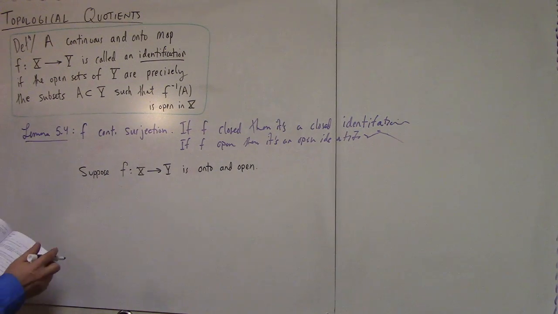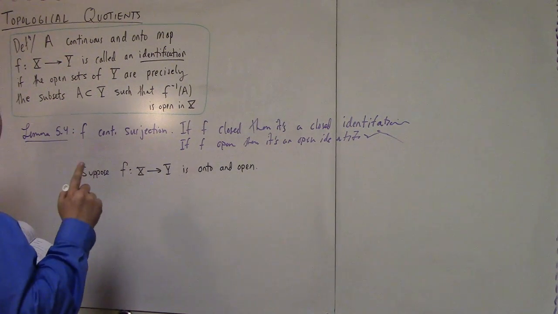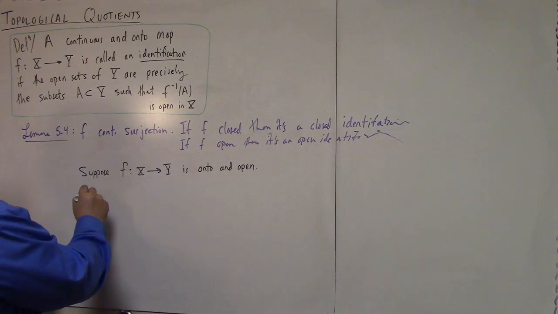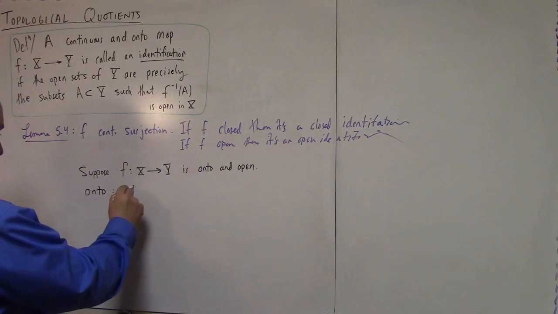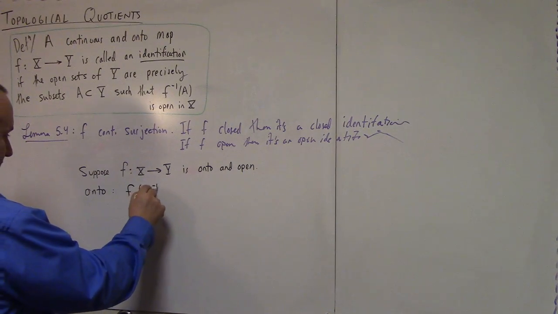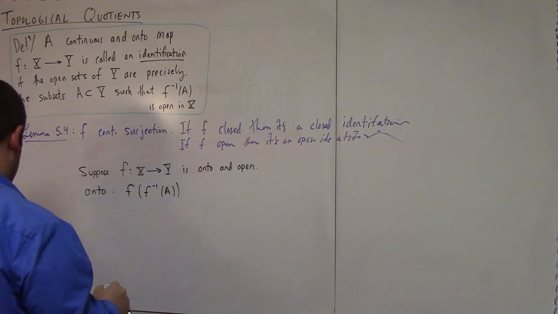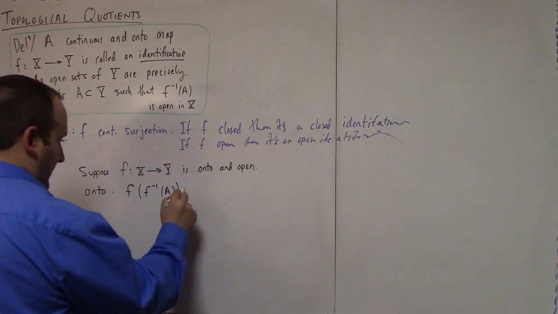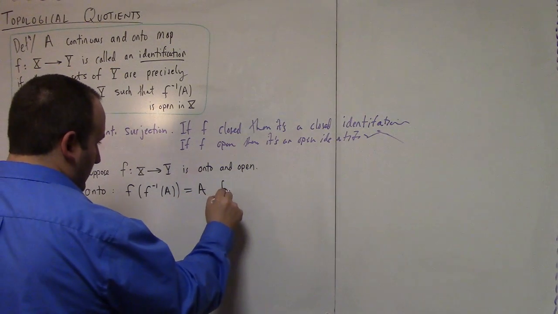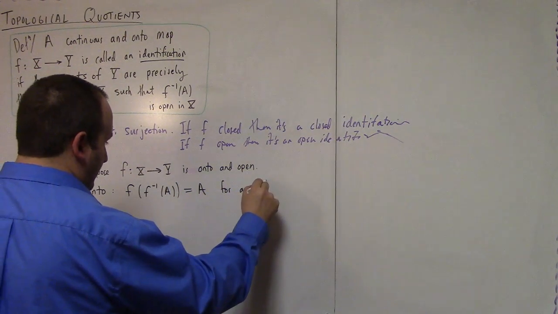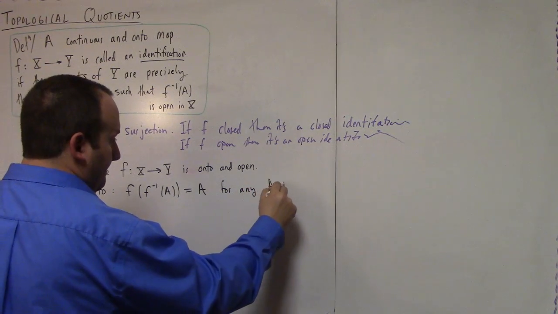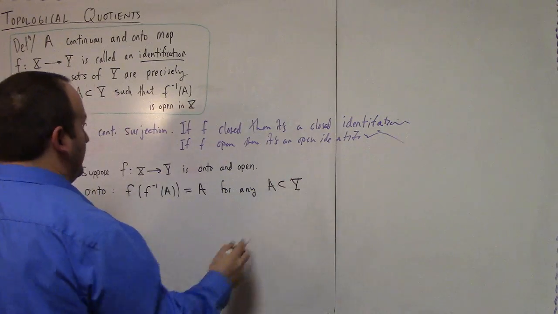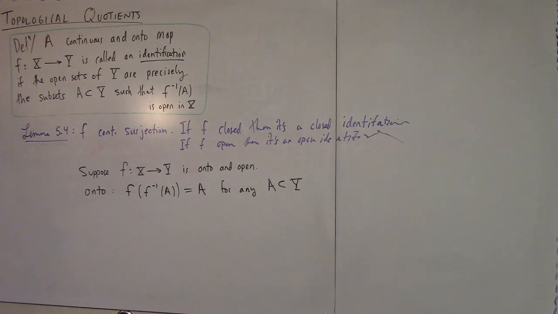All right, so here's his argument. He goes, okay, so first, the fact that it's onto implies what, in terms of set theory? That says that F of F inverse of A is equal to A for any subset A of Y. Does that make sense?